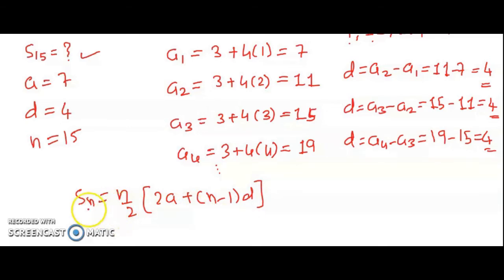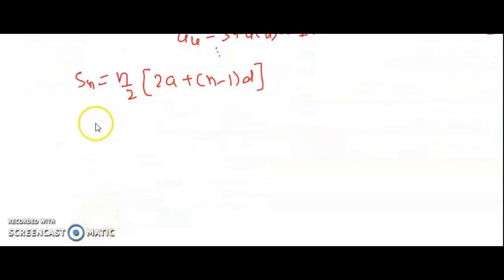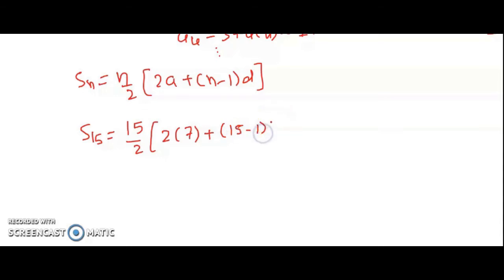Here in place of n we will put 15. So S15 will be equal to 15 divided by 2 multiplied by 2 times a, where a is the first term, that is 7, plus n minus 1, that is 15 minus 1, times the common difference, which we get as 4 here.